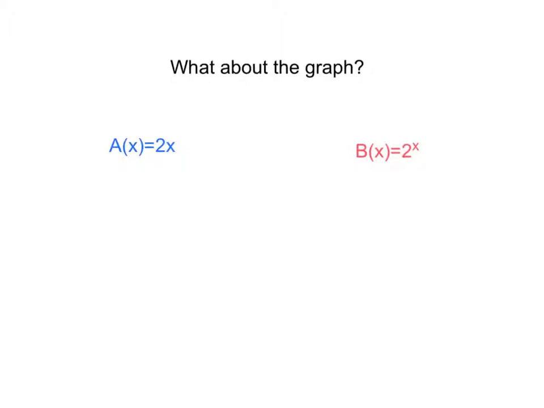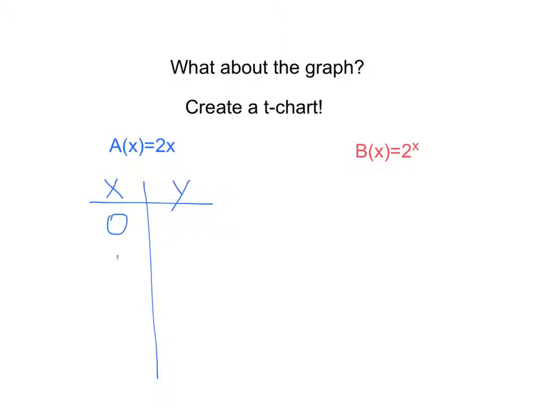So speaking of the graph, what we really need to do is start in the same place we would for almost any graph, and that's this. Create a T-chart. We want to have some points that we can easily graph. So, for a of x is 2x, I want to look at 0, 1, 2, 3, and 4.